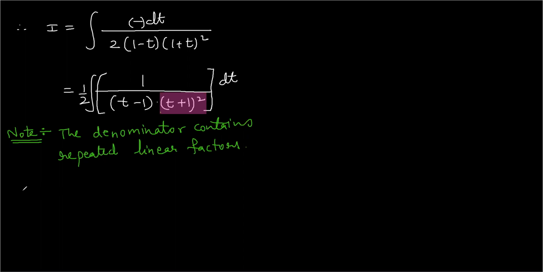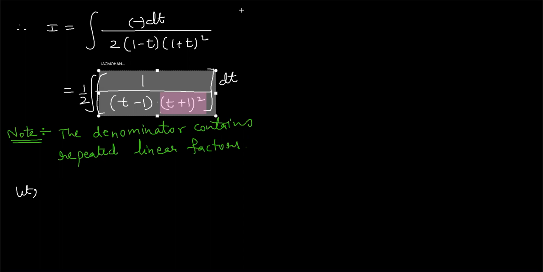I take this thing out here because I want to work on it. So let 1 upon t minus 1 into t plus 1 square equal to, what will I write?